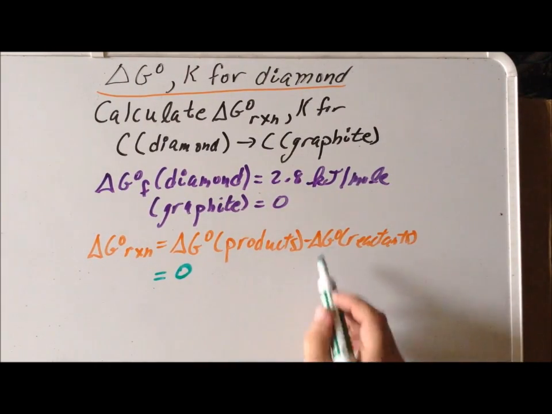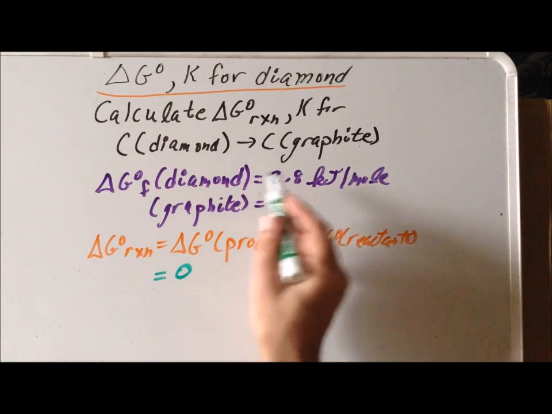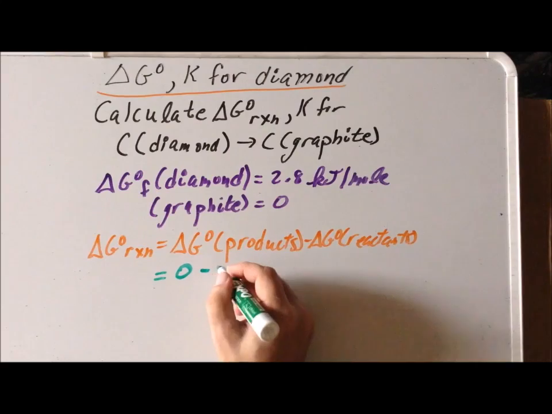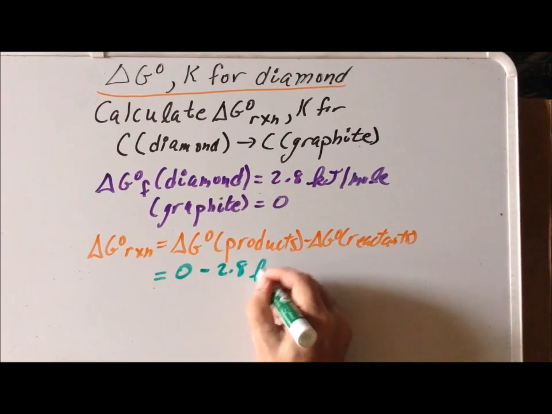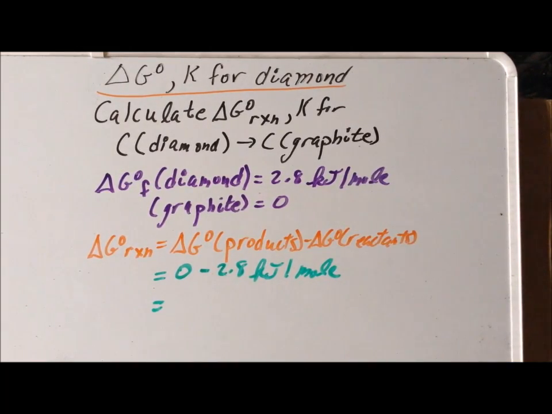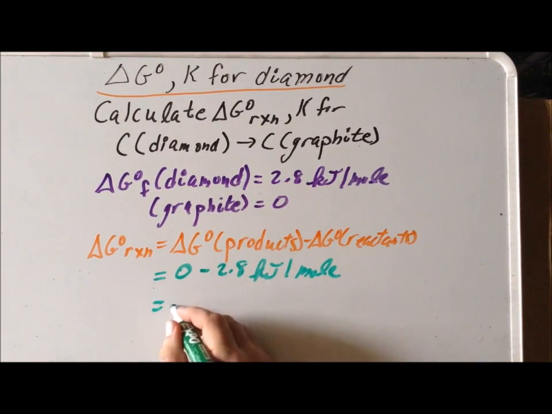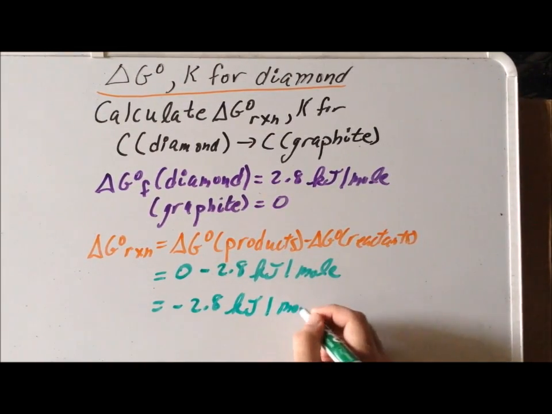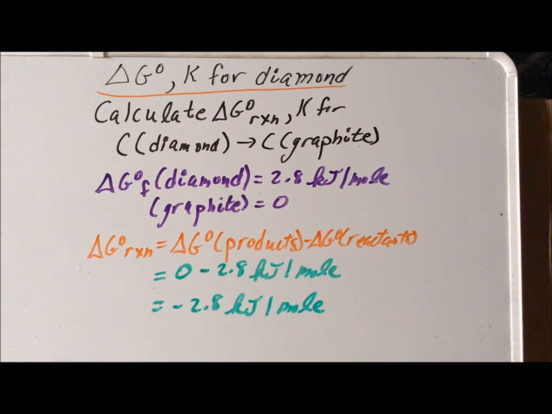Our reactant is diamond, and its delta G naught of formation is 2.8 kilojoules per mole. So we subtract 2.8 kilojoules per mole. And this gives us immediately that the delta G naught of reaction is minus 2.8 kilojoules per mole. And because the delta G naught of reaction is negative, that tells us that equilibrium favors products.